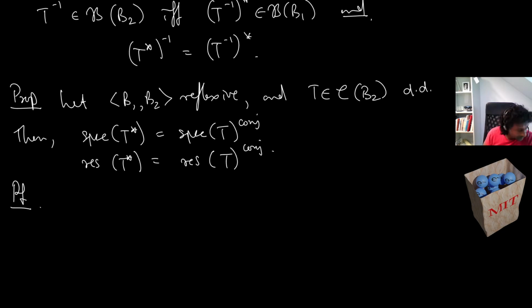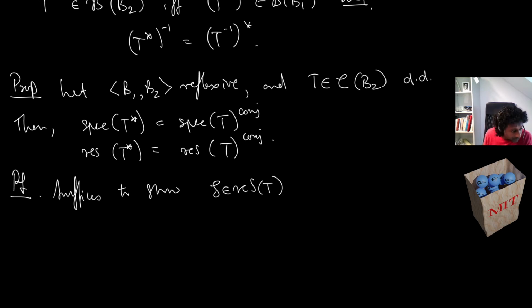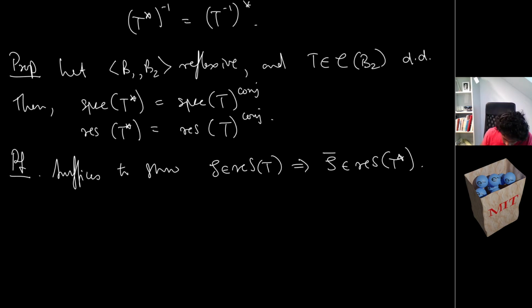So the proof of this, how would we show this? It suffices to show that whenever zeta is in the resolvent set of T, we obtain that zeta bar is in the resolvent set of the adjoint. Okay? So why is this true? Well, let's write it out. So we have zeta minus T star UV.